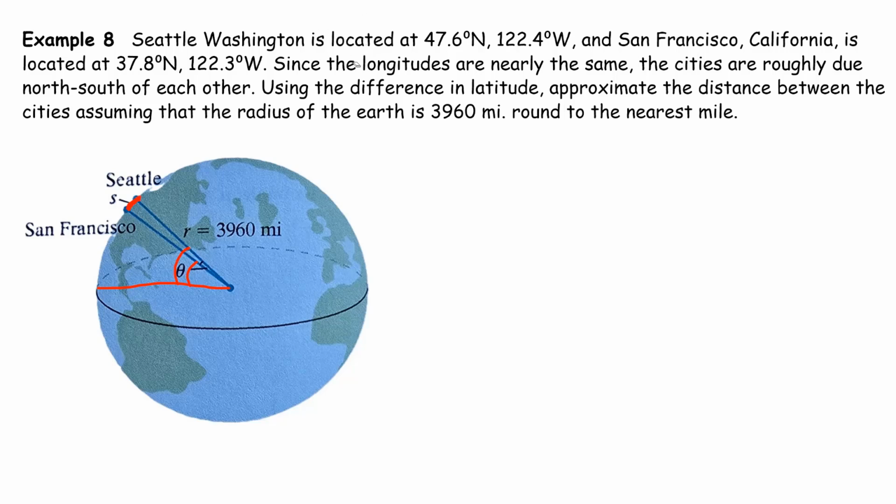Since Seattle is 47.6 degrees north and San Francisco is 37.8 degrees north, we can just subtract those two angles to get this angle here. Now we can use that angle to figure out the length of the arc. 47.6 minus 37.8 is just 9.4 degrees.